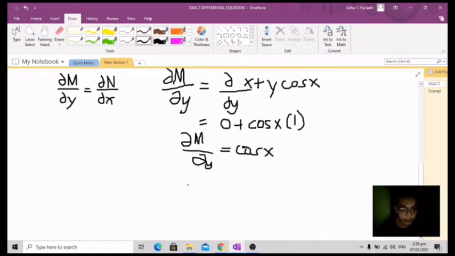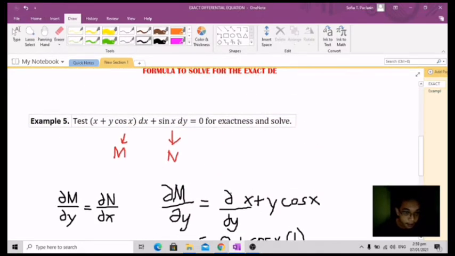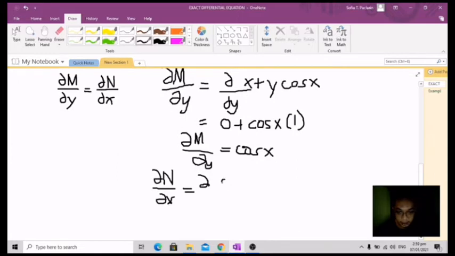So another condition, partial derivative of n with respect to dx, partial derivative ng value ng n, sin x, with respect to dx.